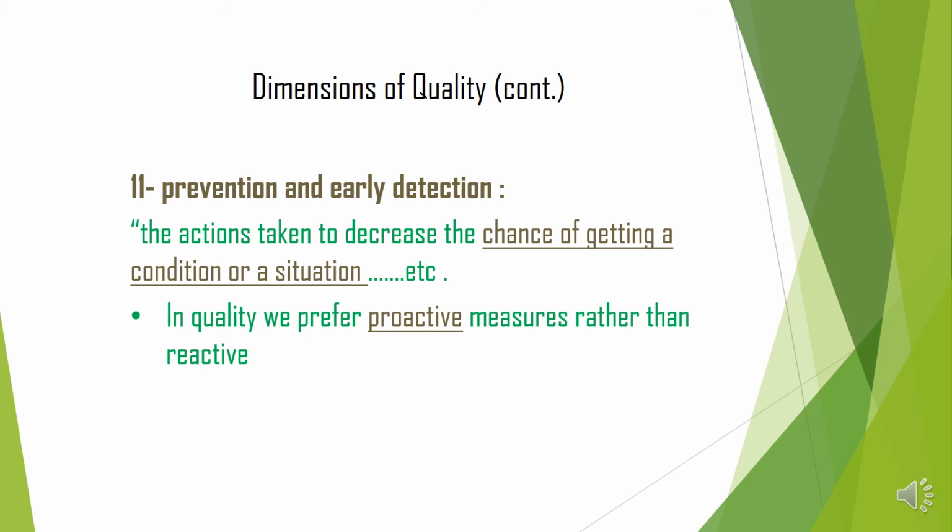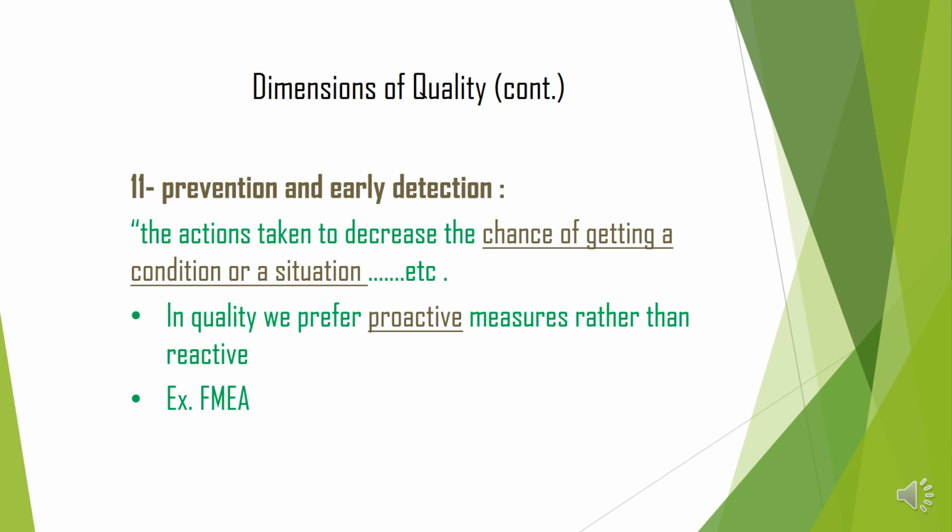We will not wait until the problem happens, then try to correct or deal with the consequences. No, we are dealing with it proactively before it happens. We are anticipating risks, we are anticipating bad problems, and we are trying to avoid them. Not reacting after the problem happened, to decrease the impact.